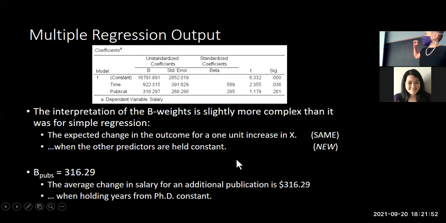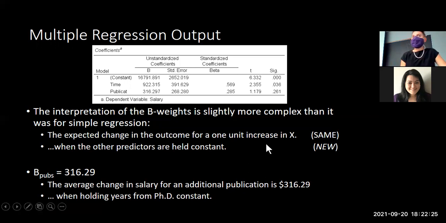So now with these other B weights, the interpretation is slightly different than it was before because we have to talk about controlling for the other predictor. So what I have here is the expected change in the outcome, which is Y, for a 1-unit increase in X, which is your predictor.